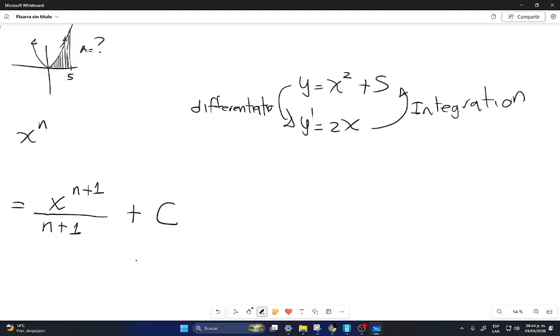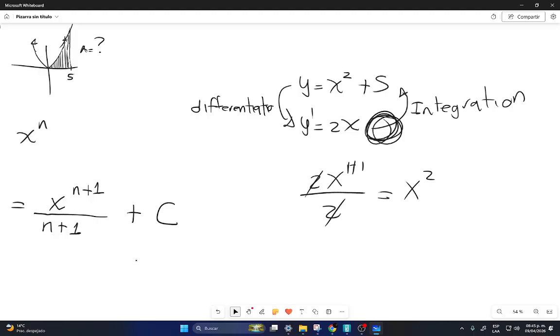So let's do that. Let's add 1 to the exponent. The exponent of this originally was 1. We add 1, and we divide by 2. These cancel each other, and that will give you x squared. But we have no way to know that there was a 5 if we didn't have the original function. And the same happens to any constant.